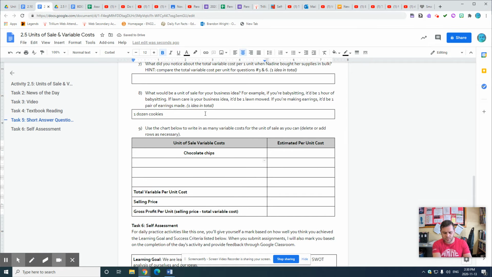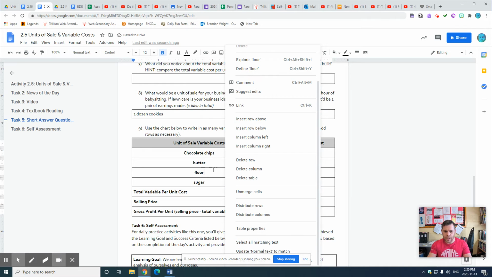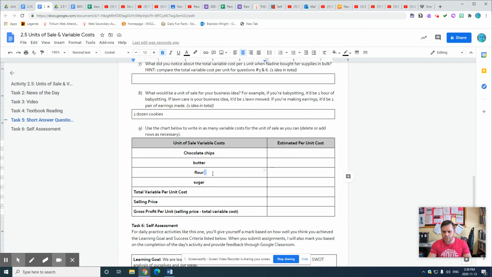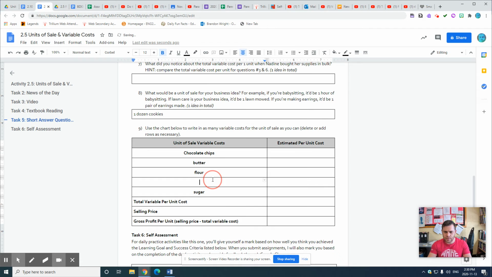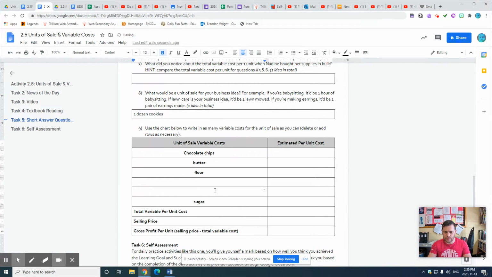So chocolate chips, butter, flour, sugar, and you can add or delete rows as you need. You just simply right click, and I want to insert, keep inserting rows.